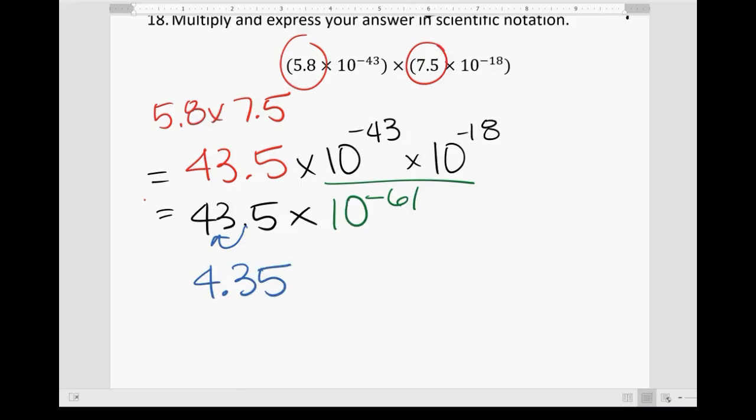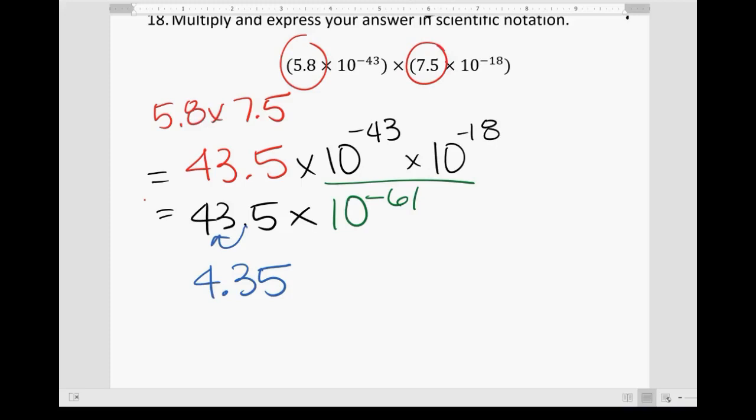But when we do that, think about that as if you are dividing it by 10. All right?